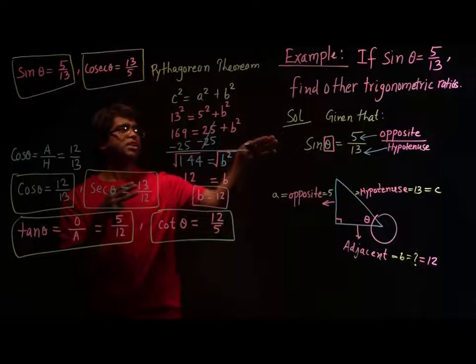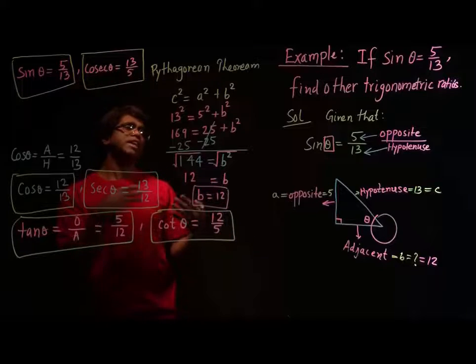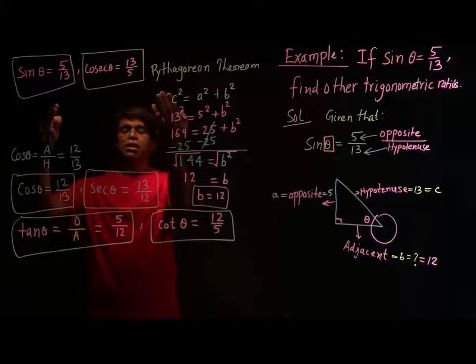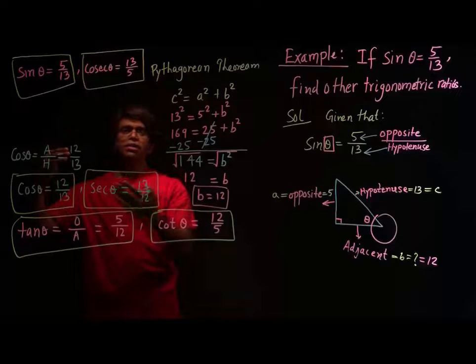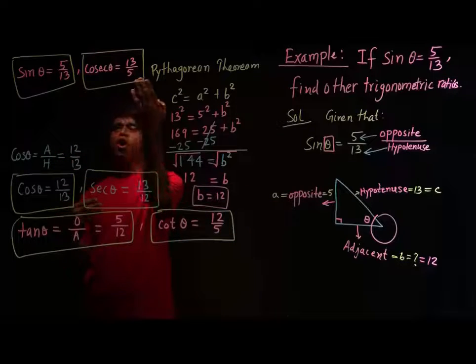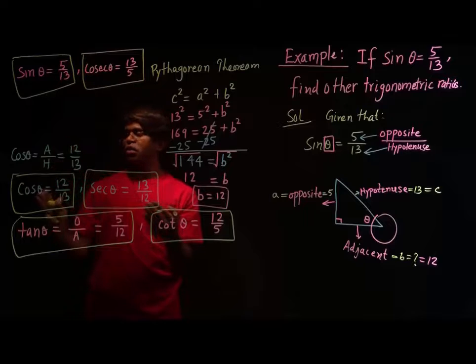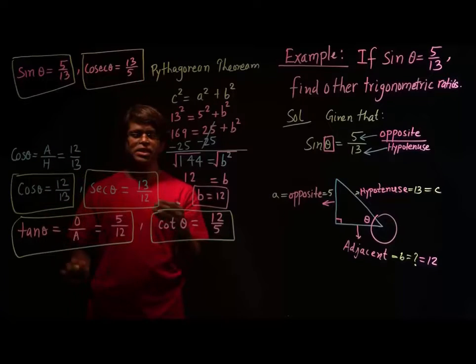We can use it to find the given sides, then use the Pythagorean theorem to find the missing side, and find all 6 trigonometric ratios: sine, cosecant, cosine, secant, tangent and cotangent.